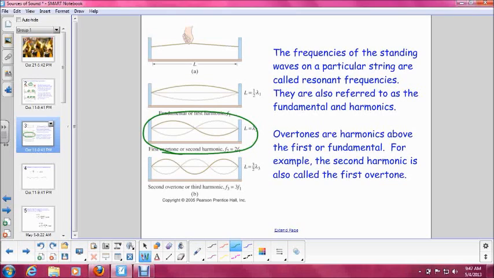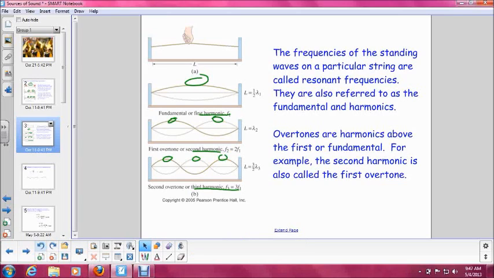So if you're counting by harmonics, all you have to do is look at the number of antinodes you have. So the first harmonic has one antinode. The second harmonic has two antinodes. The third harmonic has three antinodes, and so on. If you're going to talk about overtones, overtones are however many steps up from the fundamental it is.